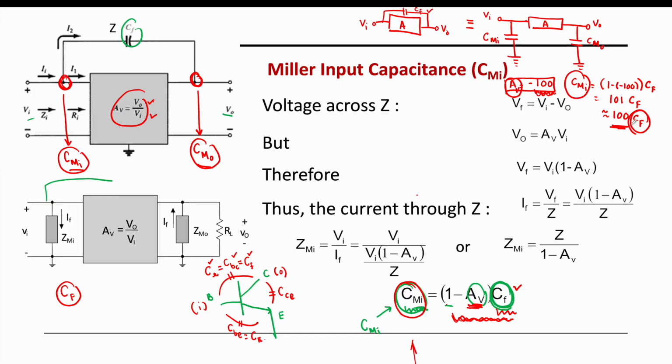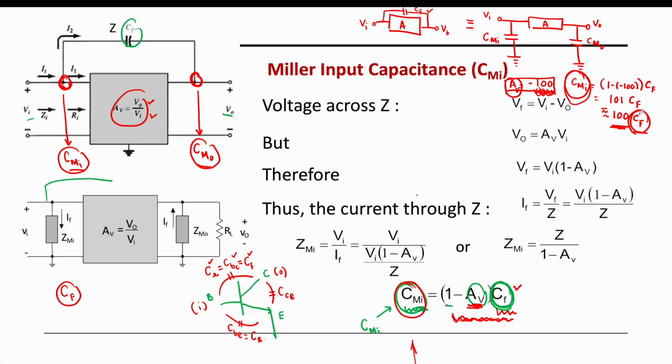Okay, I repeat again. From this example, we can say the Miller effect capacitance at the input is equal or approximate to the value of the gain multiplied with the value of the feedback capacitance.